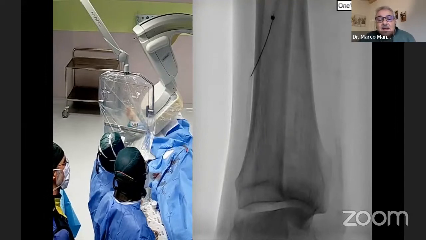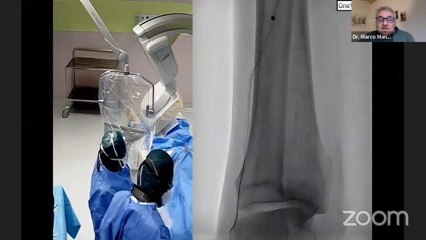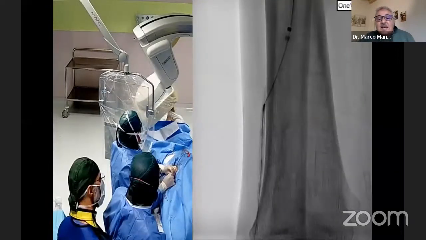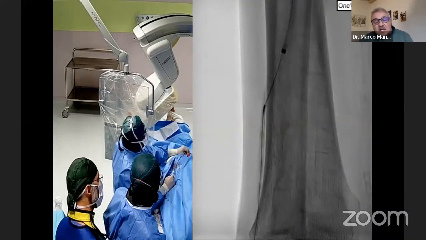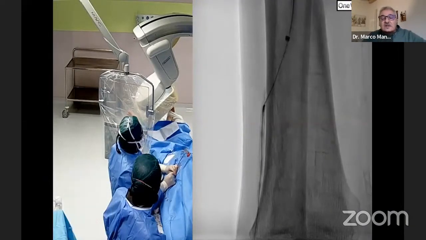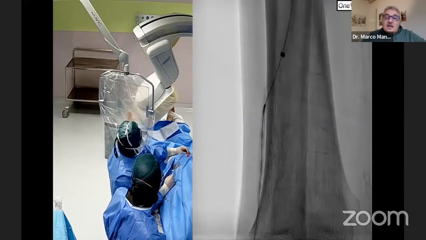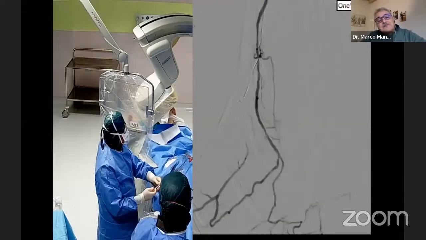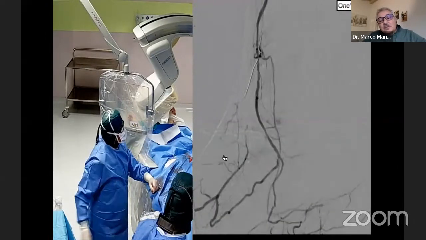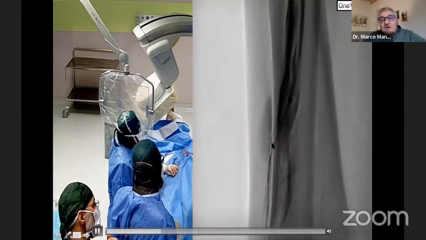So again, the wire was capable to cross the last mile, but the catheter cannot. This is a CXI catheter. The catheter cannot cross this lesion. And with the long sheath, while we checked the situation with the contrast medium injection, we achieved a very bad perforation of the vessel.